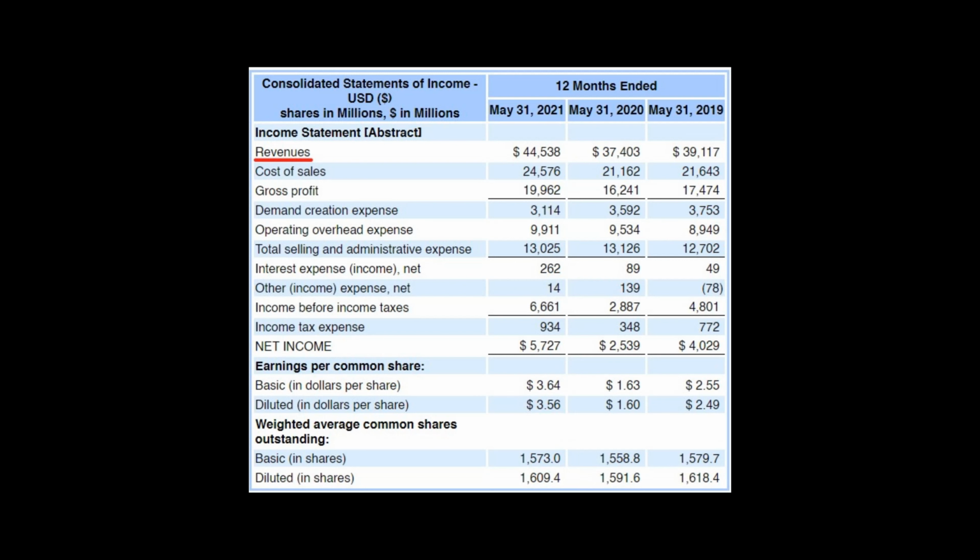The reported income statement is either a quarterly or yearly statement. For example, if Nike sold $100 million worth of sneakers in a year, the total revenue for the year is $100 million on the income statement.